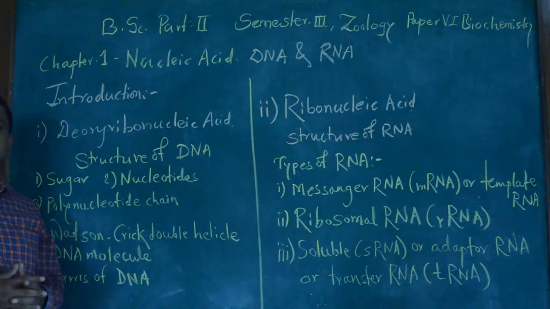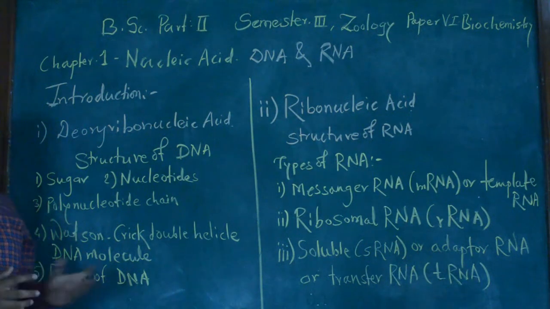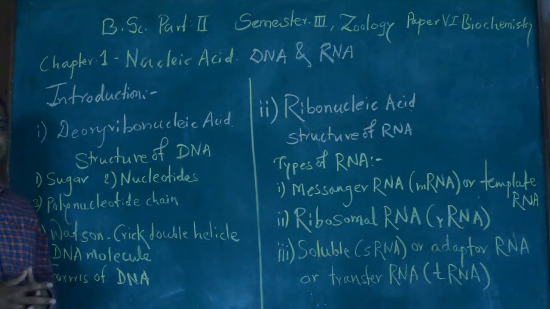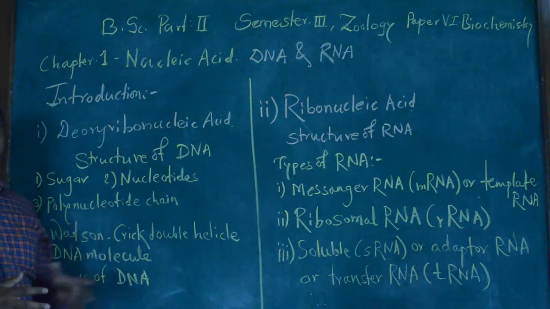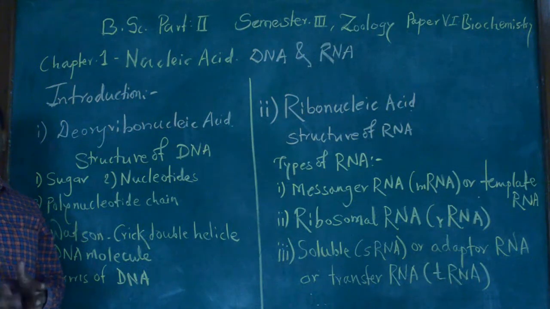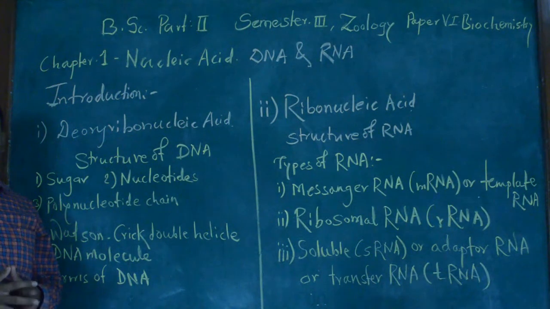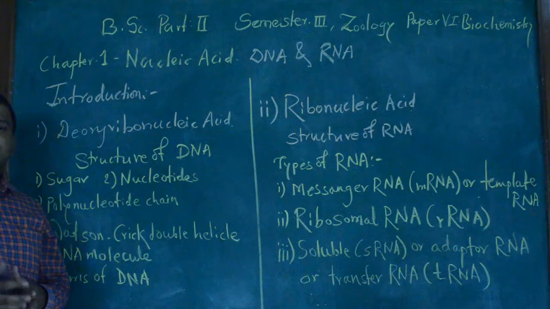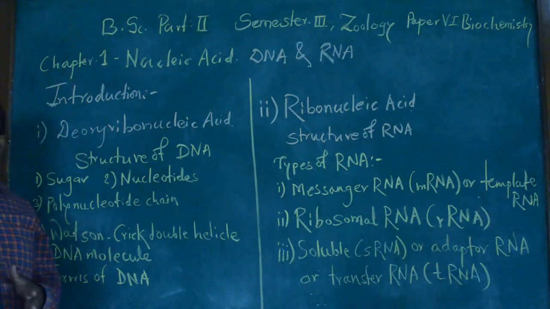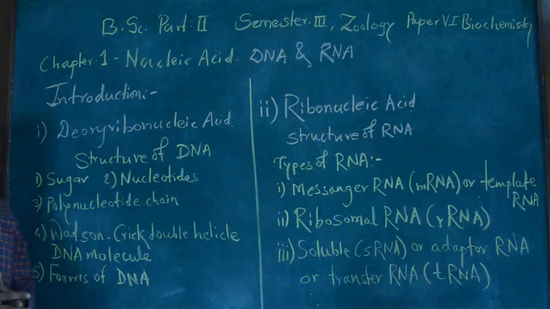But as compared to the A form and the B form, the Z form of DNA is left-handed conformation oriented, that means it moves in a left-handed way.